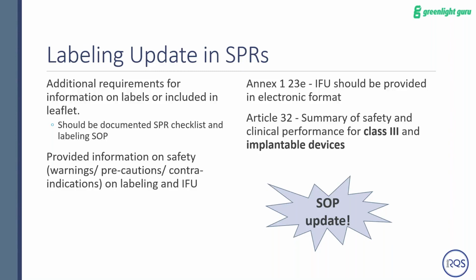For the Class 3 and implantable devices, they are saying that they want a summary of safety and clinical performance as well provided within the labeling. So this is tied more to your risk-benefit analysis, summary of your clinical trials, and any performance testing, external testing you've done. There needs to be a summary provided with that as well.